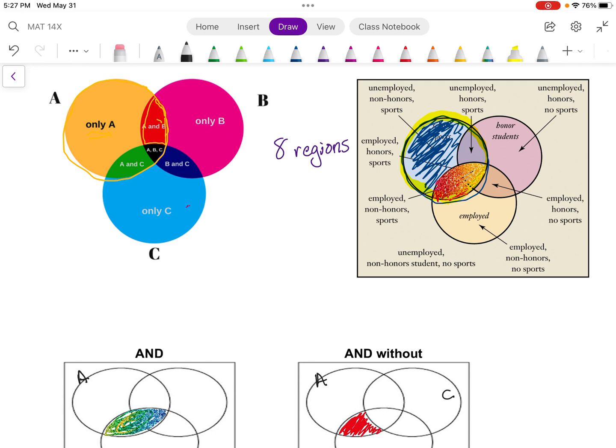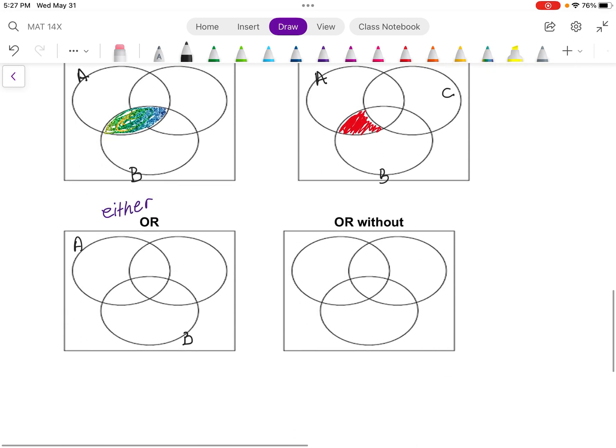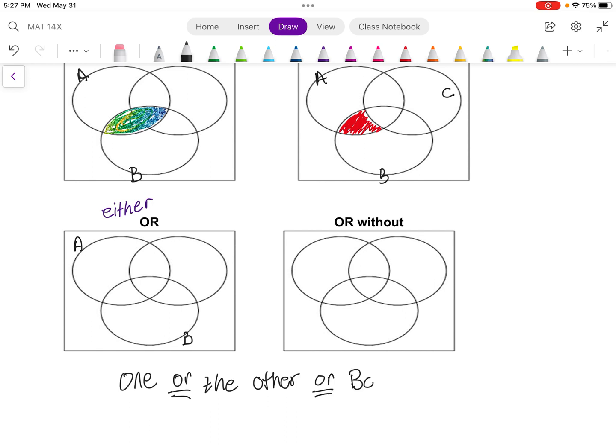All of those people either play sports or are employed. They have one, the other, or both of these characteristics. So when you think about or, you want to think about one or the other or both. So we're not ruling out the overlap.